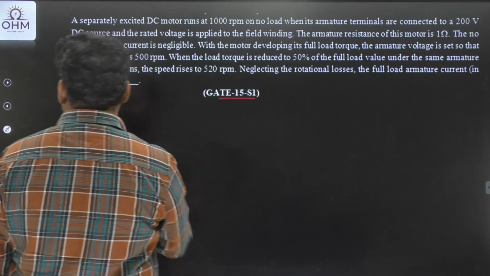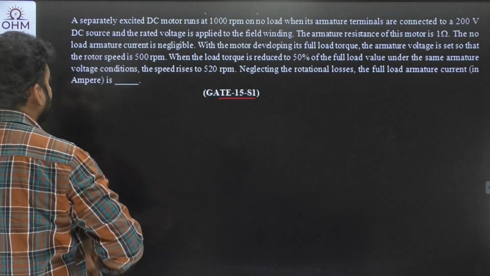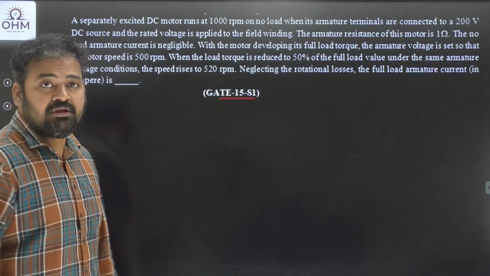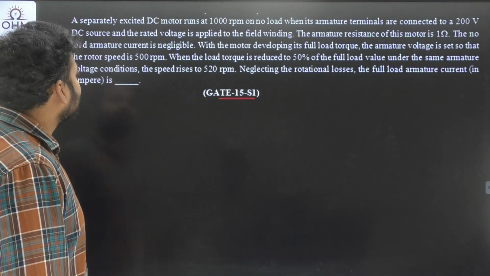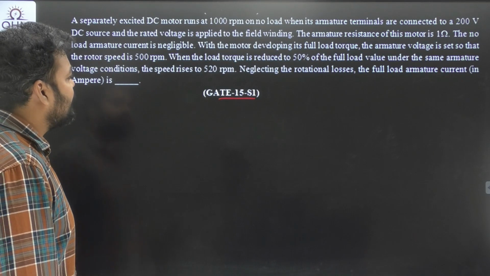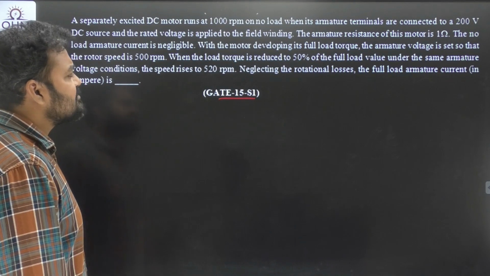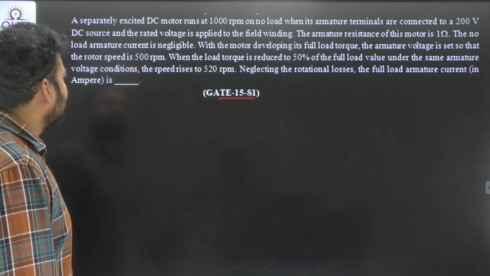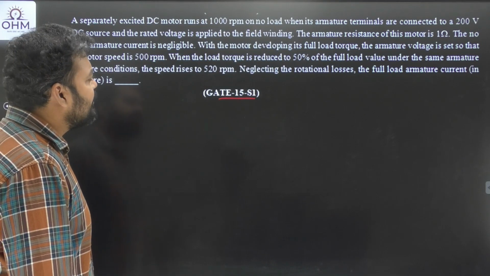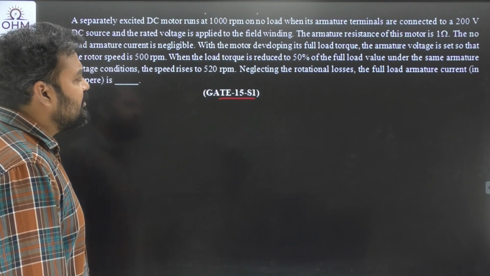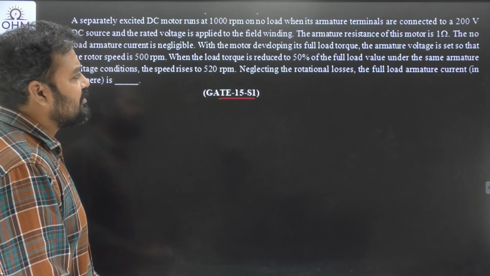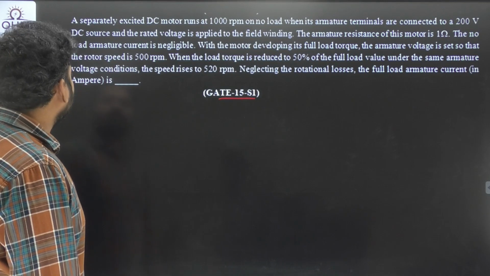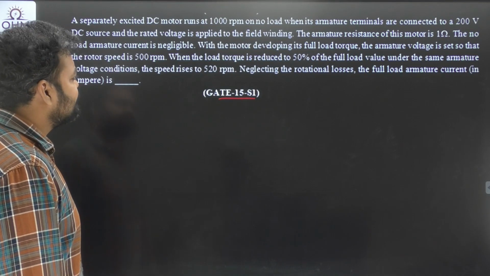This is from GATE 2015. So let's read the problem. A separately excited DC motor runs at 1000 RPM on no load when its armature terminals are connected to a 200 volt DC source and rated voltage is applied to the field winding. The armature resistance of this motor is 1 ohm. The no load armature current is negligible.